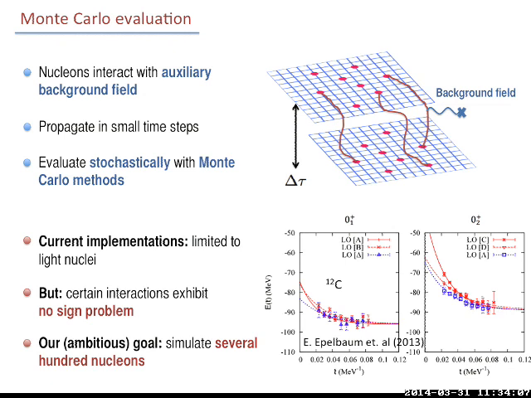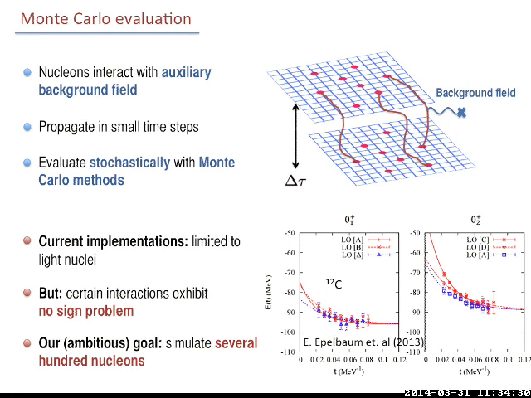So we break up the imaginary time slices into small steps, and then just propagate. One has in coordinate space and also in imaginary time this background field, which you sample using standard Metropolis sampling.